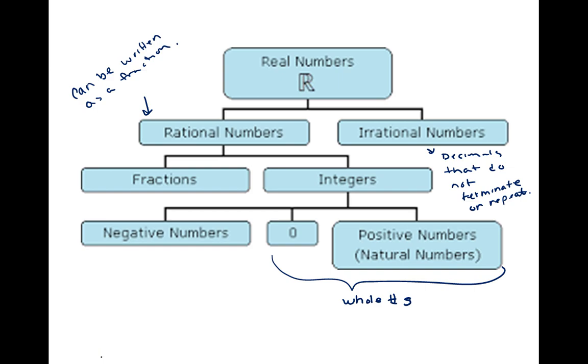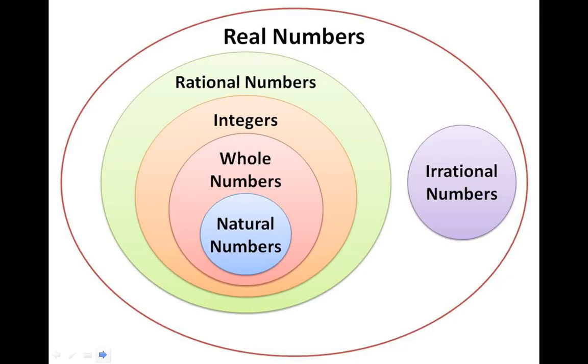A couple other diagrams to help you understand it. Notice the set of rational numbers and the set of irrational numbers fall within real numbers. Within rational numbers, you find integers, whole numbers, natural numbers. So natural numbers, whole numbers, and integers are rational numbers.